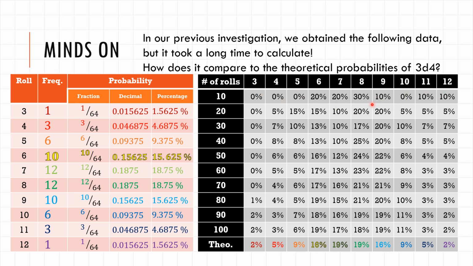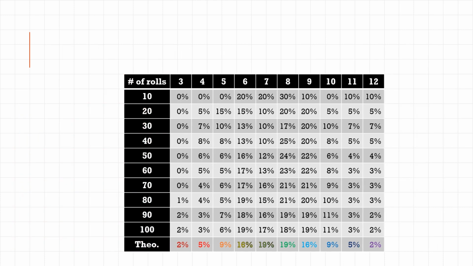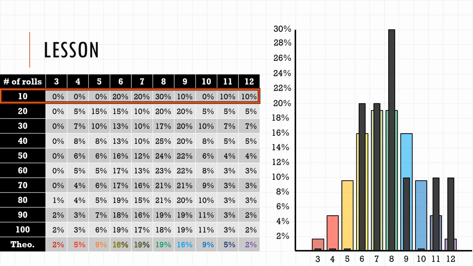And I think what would really help is if we had column charts. It's really tough to look at numbers and then you have to make a mental connection between the number and sort of what it might represent. So let's look at a visual representation of all of these. So this is, when we did 10 rolls, this is what the column chart would look like.